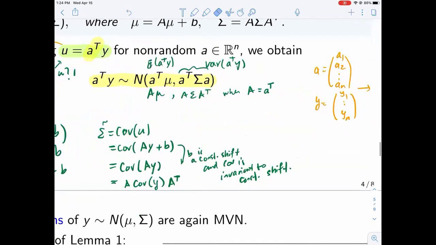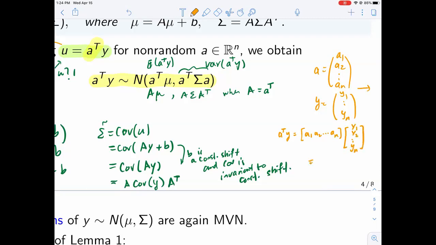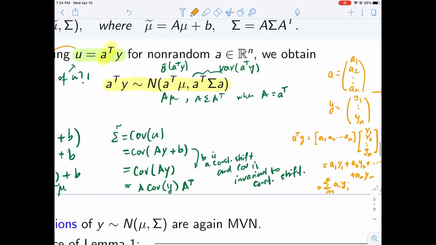So A transpose Y, you take the transpose of this, you get A1, A2 up to An times Y1, Y2 up to Yn. So what is this product? Just a bunch of AiYi: A1Y1 plus A2Y2, and so on until AnYn. And then you can write it compactly as the summation, i goes from 1 to n, AiYi. That's what I wrote here, right?